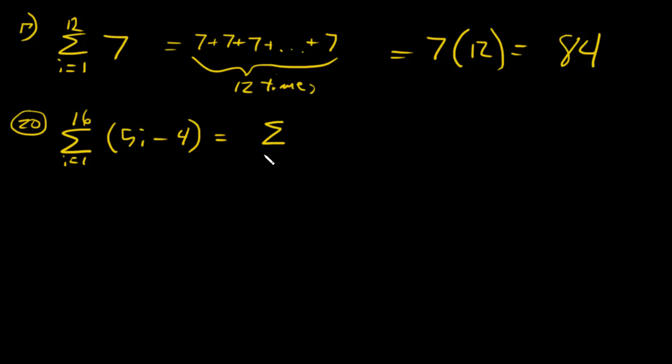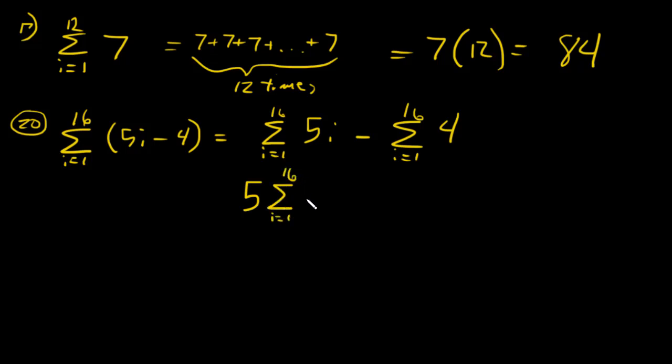So this is going to be the sum from i equals 1 to 16 of 5i minus the sum from i equals 1 to 16 of 4. And now the next thing I can do is take that 5 out, right? You can pull a constant across the summation. This is 5 times the sum from 1 to 16 of i minus the sum from 1 to 16 of 4.